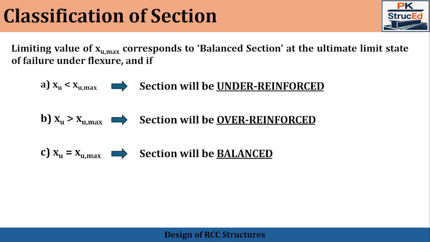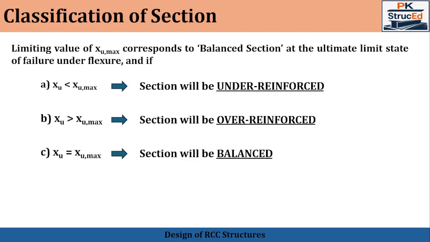Based on the value of XU, RCC sections are classified as under reinforced section when XU is less than XU max. In this case, the steel will yield first, which results in a ductile failure, which is mostly preferred in design.